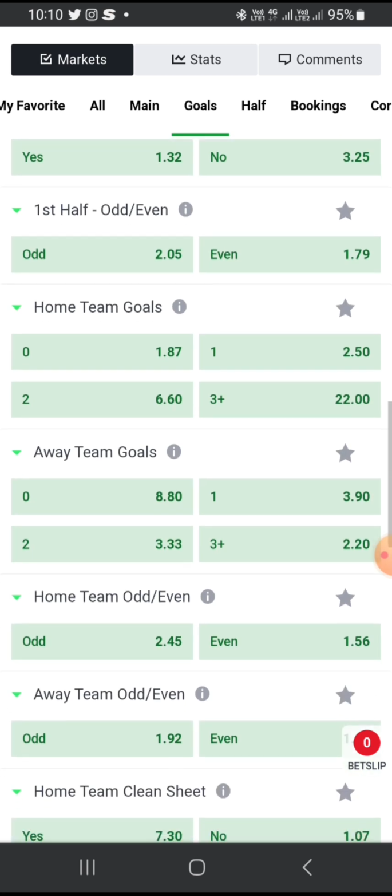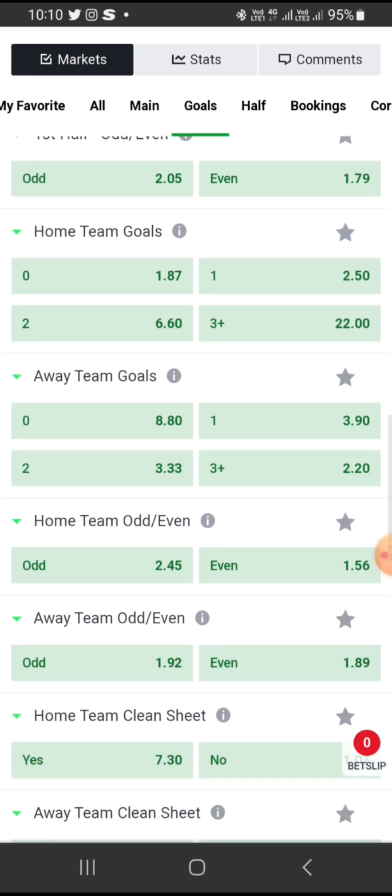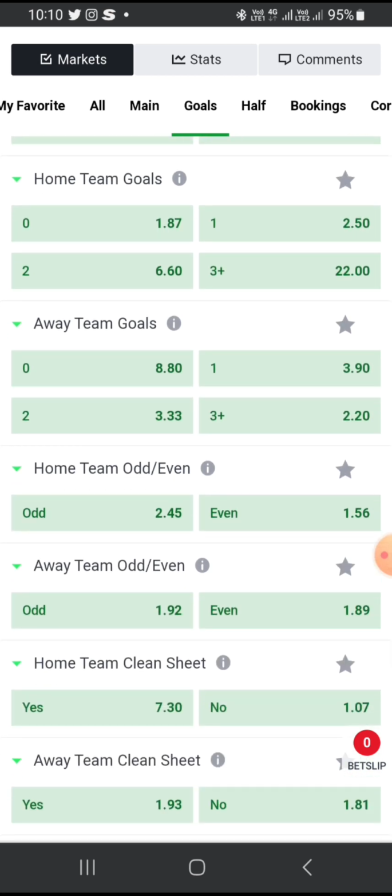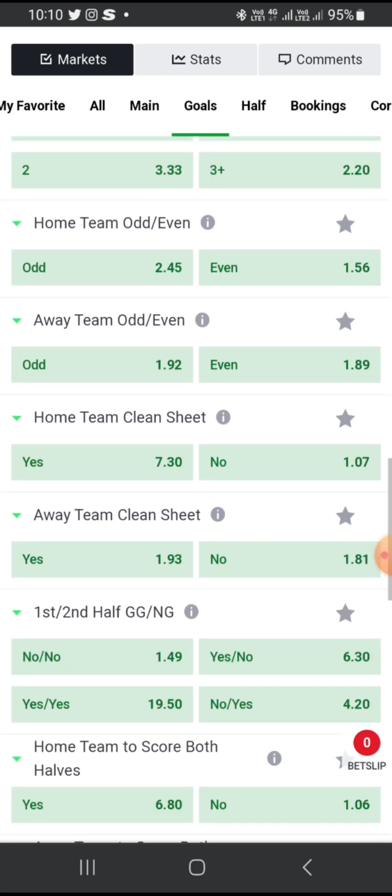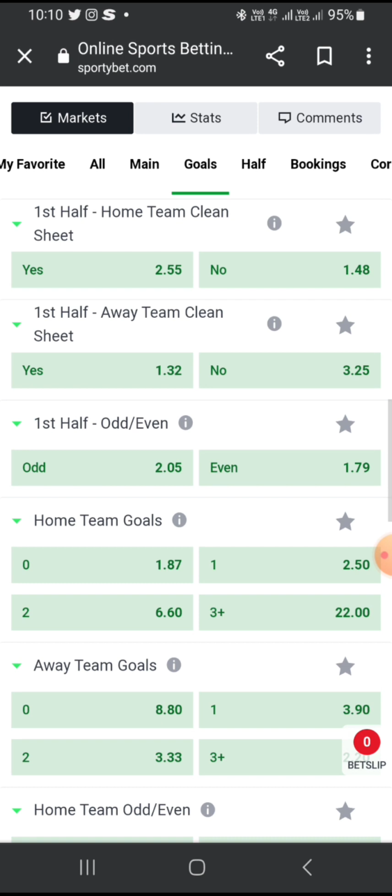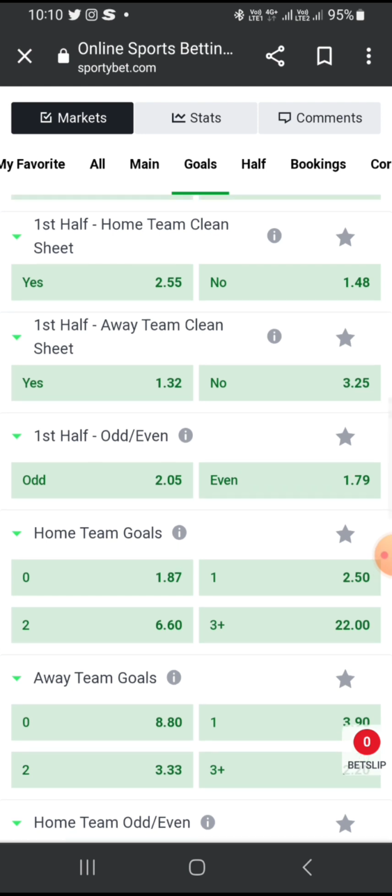But when a weaker team is playing a slightly stronger team in the first half, I think it's a very nice game to play under odd, because Burnley will never allow Man City to score in the first half. Since Burnley is home, and Man City will try every possible best to beat Burnley in first half, we are targeting 0-0, 1-0 in this match.